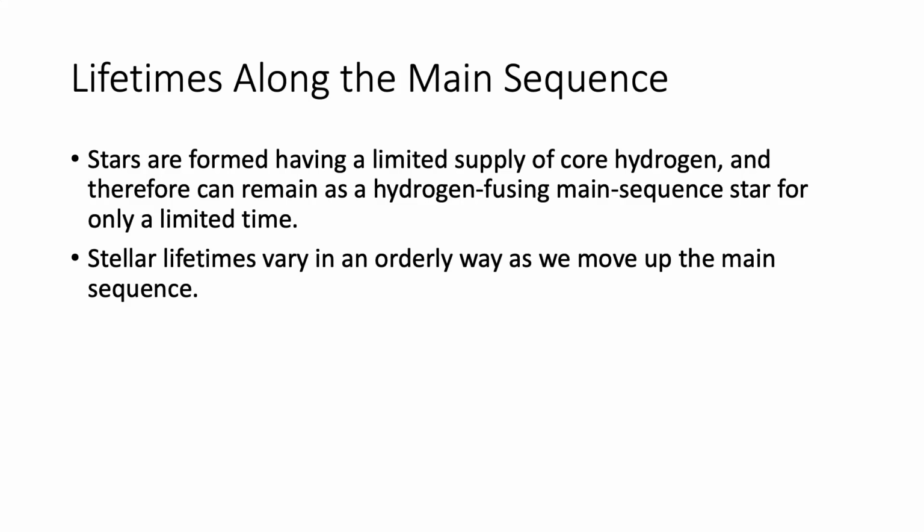Because the mass of the star is what's going to determine the rate at which it uses its nuclear fuel, and its nuclear fuel is limited. So we can predict when the star will end its life cycle, or restart its life cycle. We'll get to that.